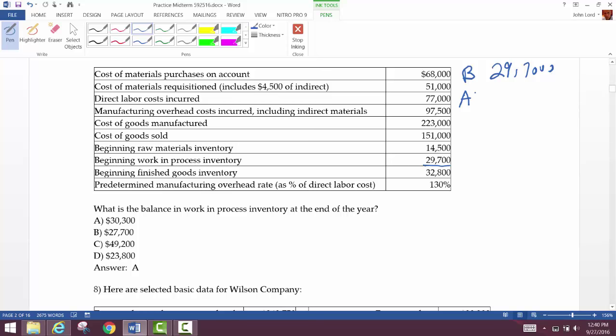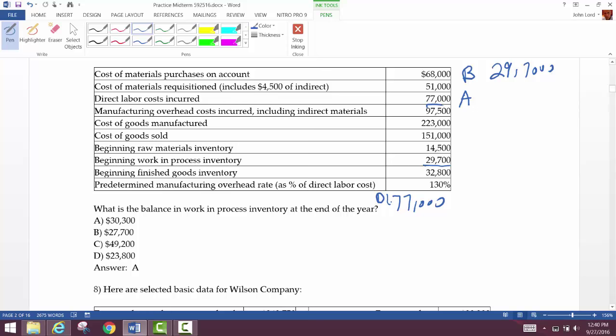Adds are going to be what? My direct labor, okay, of 77,000. I'm just going to do a little side calculation here. So I've got direct labor, 77,000. What else do I have to pick up? I got my direct labor.